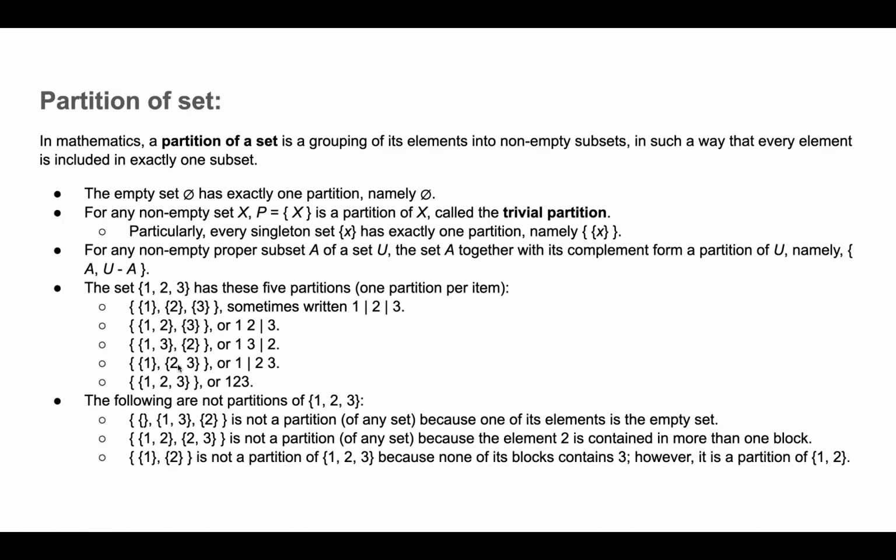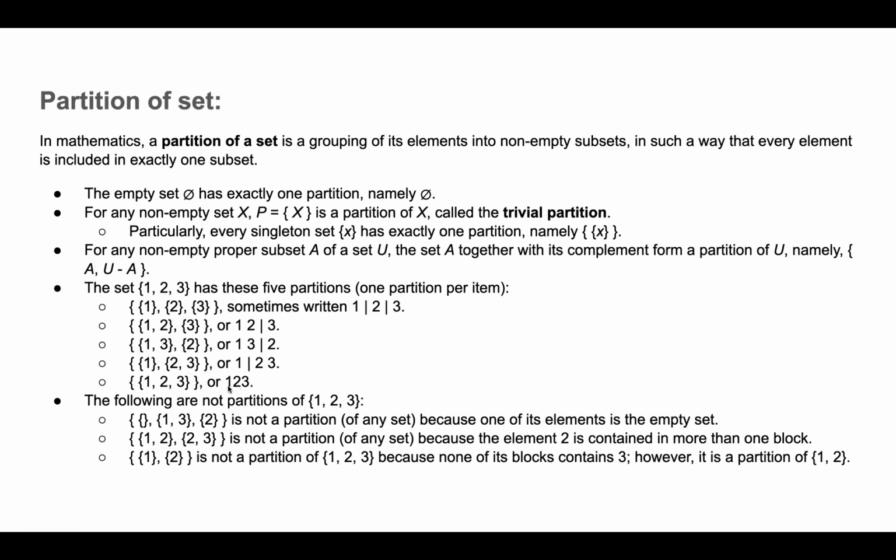So what we write is this one, and the partition is done, and then {2, 3} is there. And lastly what we have is this one, {1, 2, 3}.